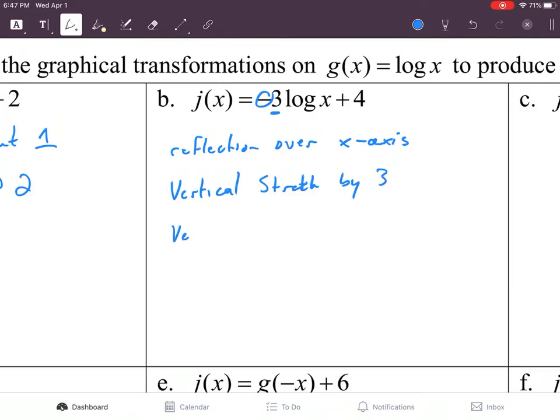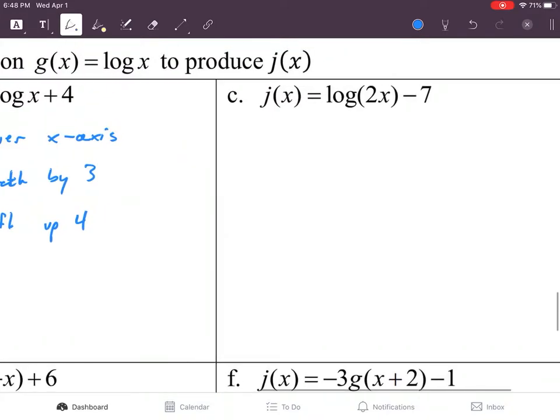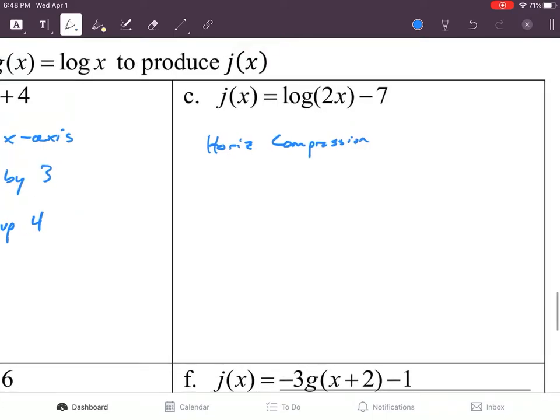And the 4 is a vertical shift up by 4. Last one of this type, we have a horizontal compression by 2. And we have a vertical shift down by 7.